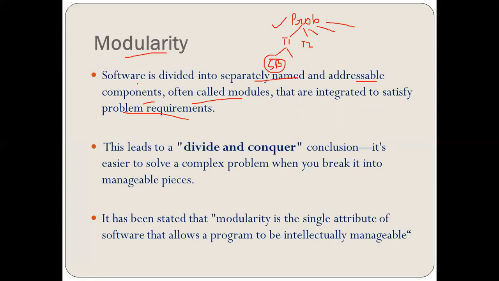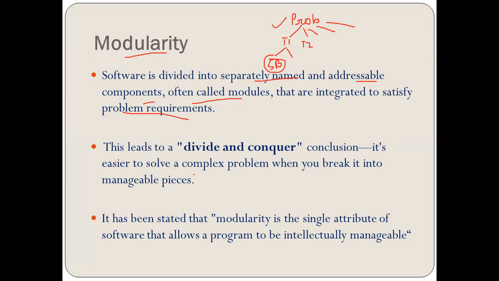So what we are saying here is software is divided into separately named, addressable components for which the solution is provided. These are called modules, and then they are integrated to satisfy the problem requirements. Next point, this leads to a divide and conquer conclusion.